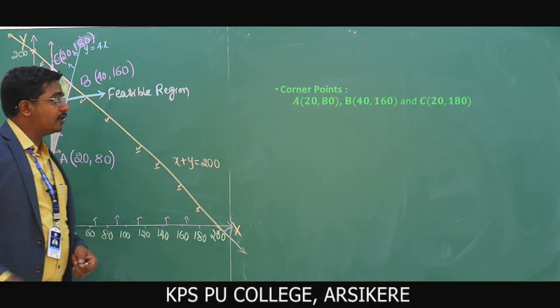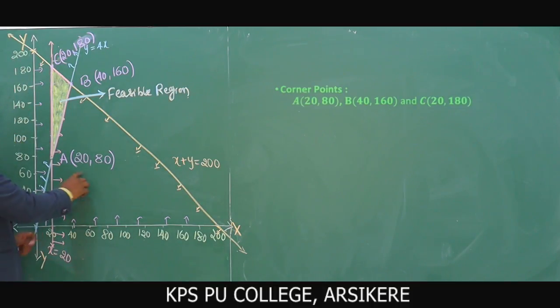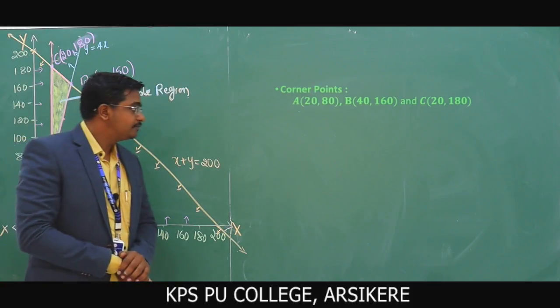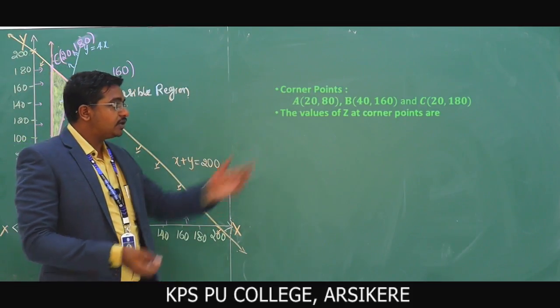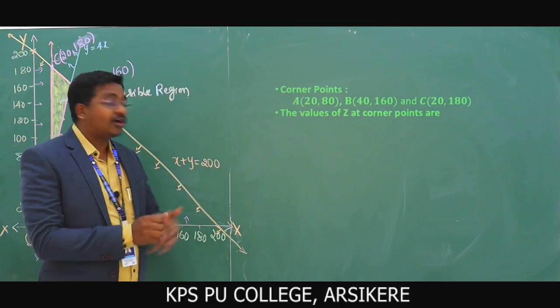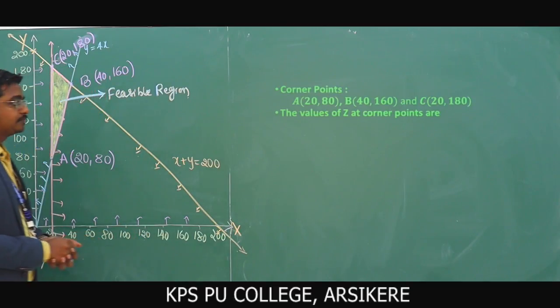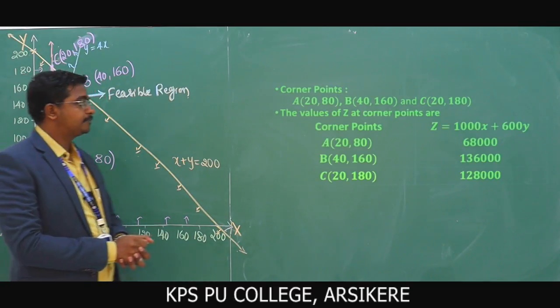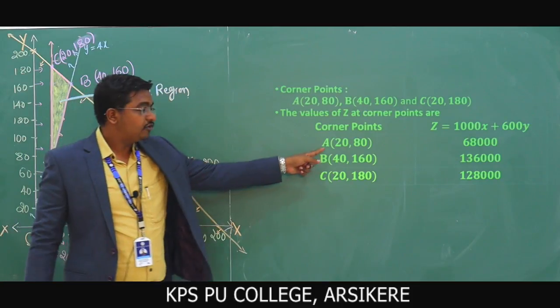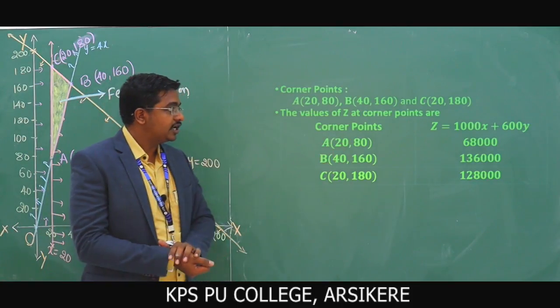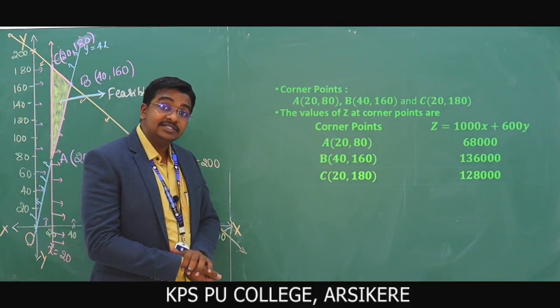So what are the corner points here? A of 20, 80, B of 40, 160 and C of 20, 180. Next slide. The values of the objective function, that is Z, at the corner points are: these are the corner points A of 20, 80 and the objective function here is 1000x plus 600y.